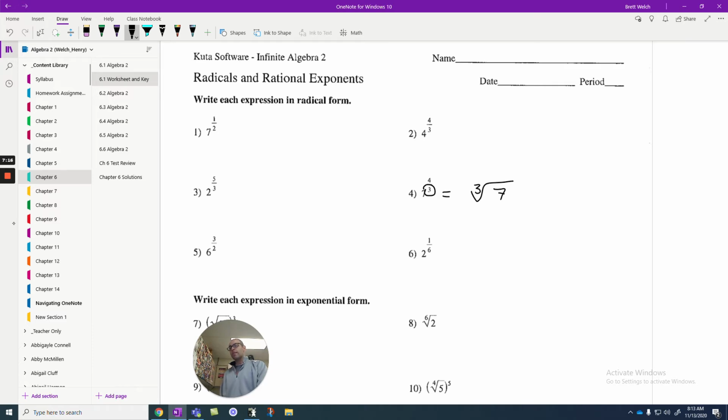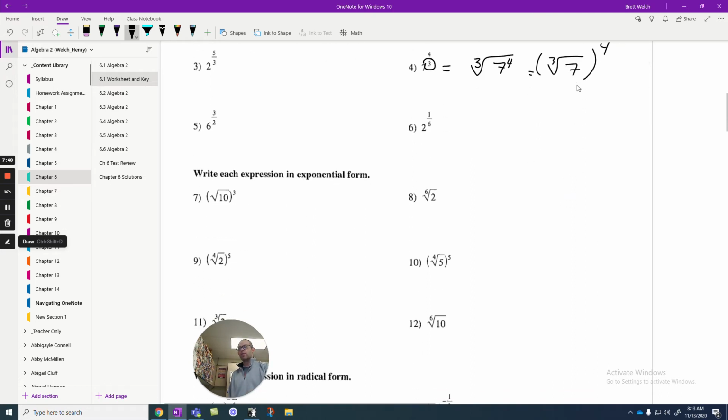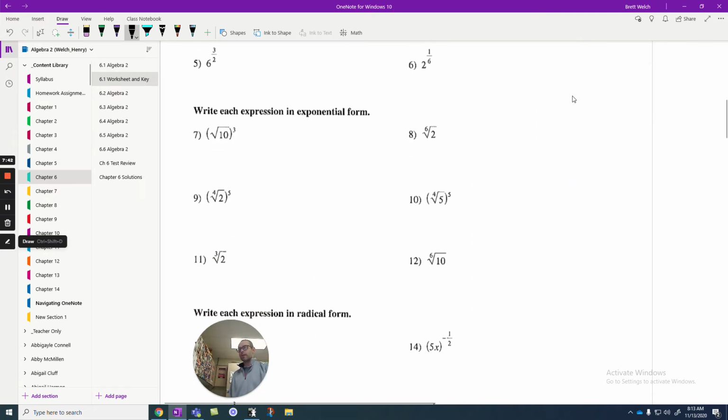Now you can write the 4 on the 7 directly, or cube root of 7 to the 4th power. Both of those are equivalent and have the same value. Totally up to you. Typically we like to write it with the exponent on the outside, just because if I have to reduce a number or make a number grow, I want to reduce it first. So we usually like to apply the root before we do the exponent.